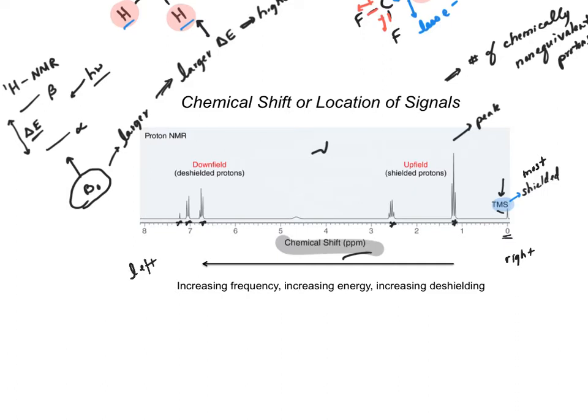If we're getting signals, that's also leading to an increase in energy, right? Because remember, the larger the frequency, the larger the energy difference between alpha and beta. And what that's telling us in terms of what's nearby to influence that is that we're increasing overall the deshielding, right? So we're increasing what we're going to call electron withdrawing groups, or we're increasing the overall inductive effect.